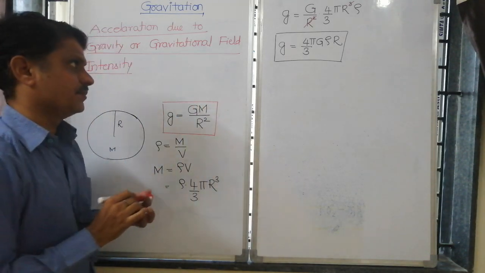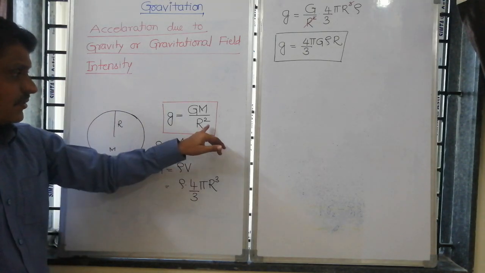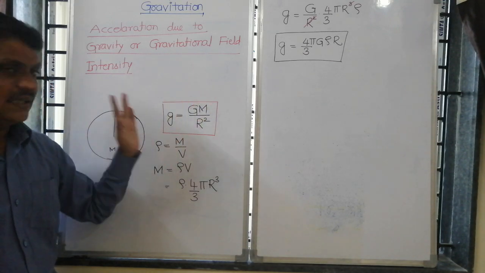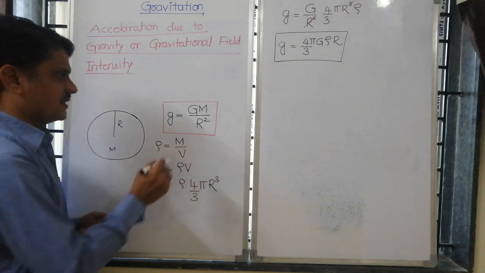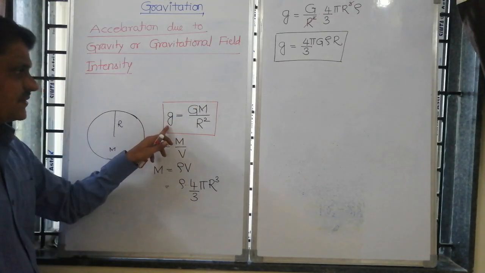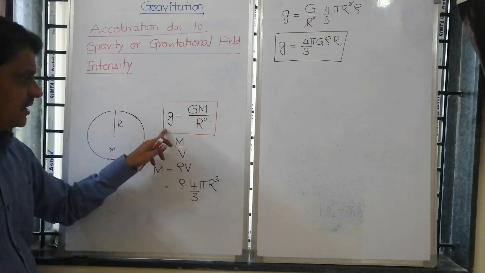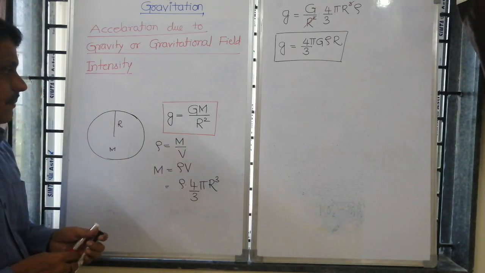Okay, now here most of the times we come across questions on percentage change in g. Here, as you know, if mass increases, g also increases. If the radius increases, g decreases. That we know. Okay, see here.